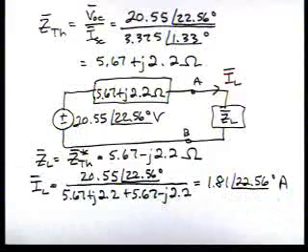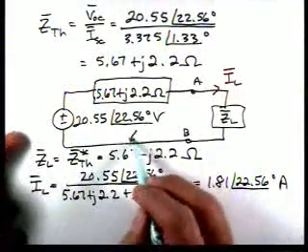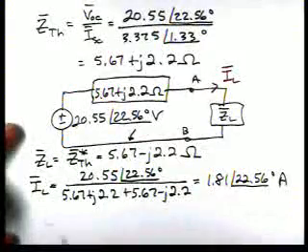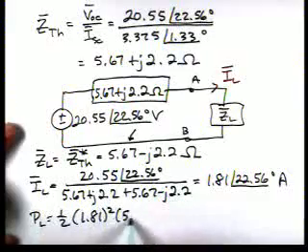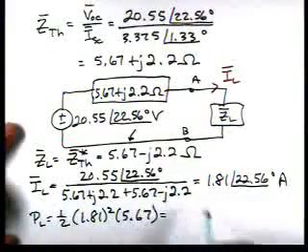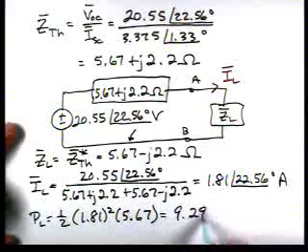And the average power in the load is going to be associated with the resistive part of the load. So P sub L is 1/2 times 1.81 squared times 5.67, which is 9.29 watts.